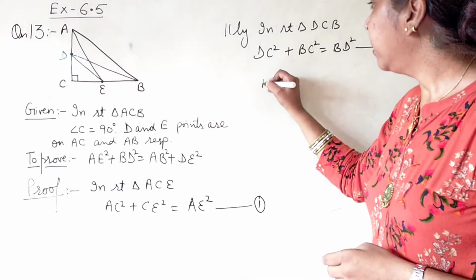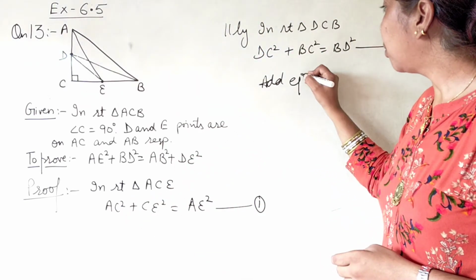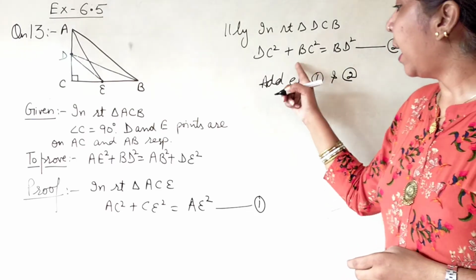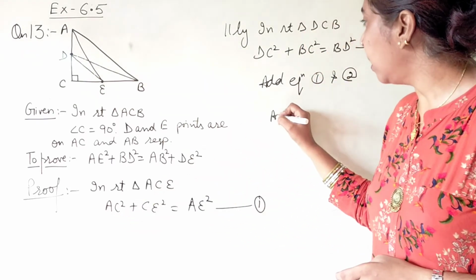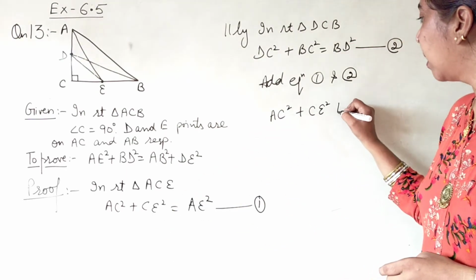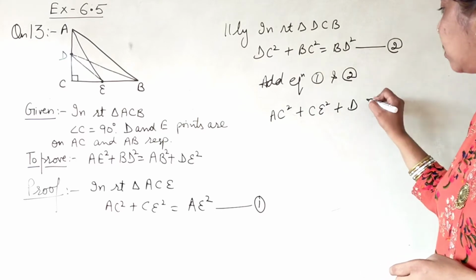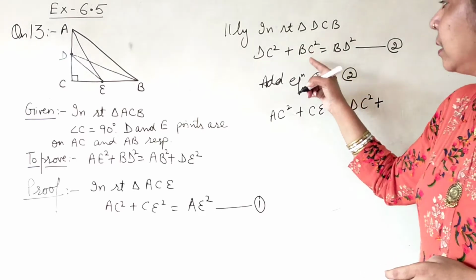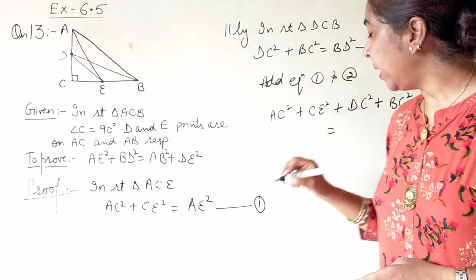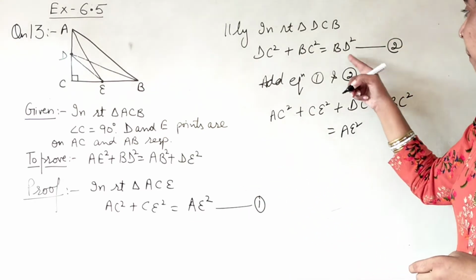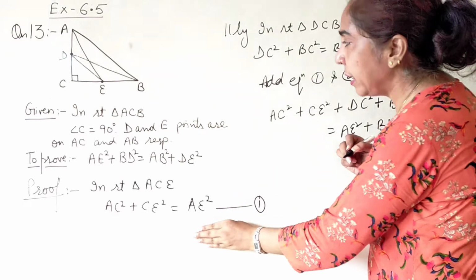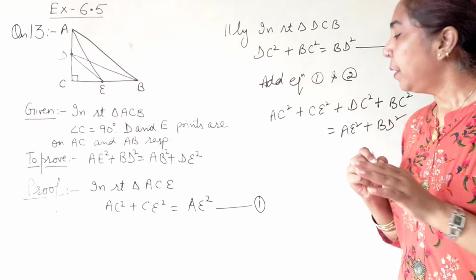So add equation 1 and 2: AC square plus CE square plus DC square plus BC square is equal to AE square plus BD square. So I get this result after adding equations 1 and 2.